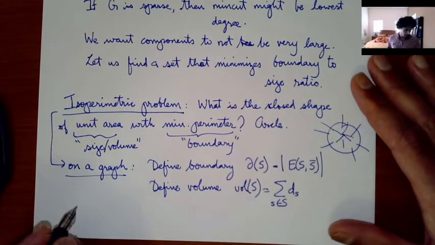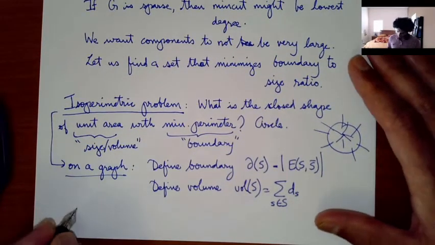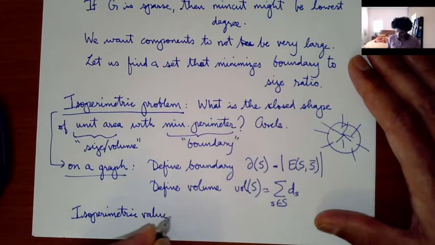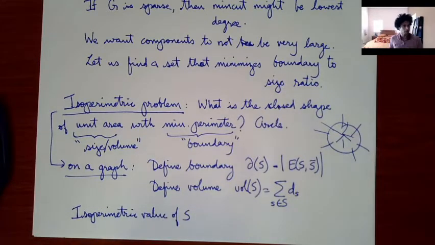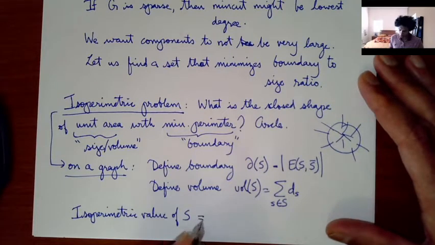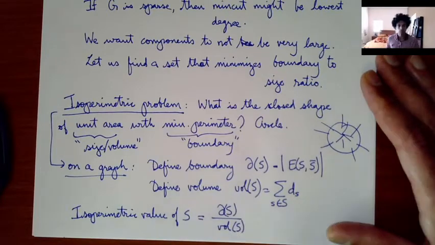And what we can think of is, in some sense, the isoperimetric value of S. This is actually going to be our first guess. This definition is going to have a flaw, but we can say the isoperimetric value of S is going to be del S, the boundary size, divided by the volume.